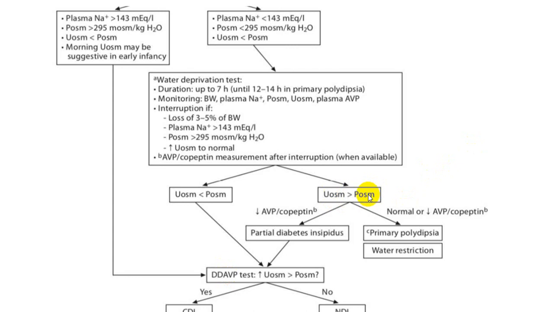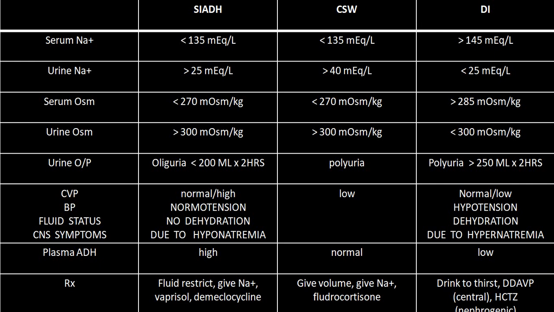If urine osmolality becomes more than plasma and ADH levels are low in blood, meaning it is a partial diabetes insipidus, or if ADH level becomes normal, then primary polydipsia, or you ask him to restrict water, and that is because of a water restriction. So you try to differentiate between central, nephrogenic and primary polydipsia by following this particular algorithm.